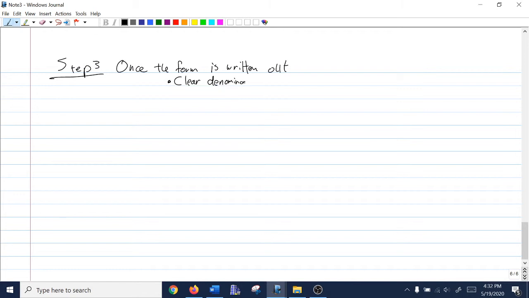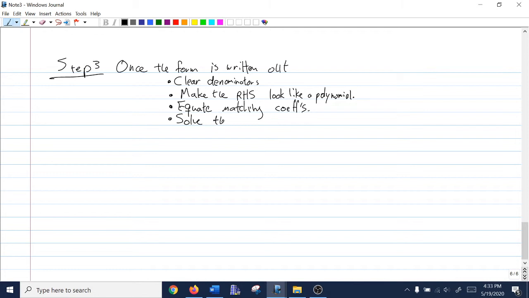Make the polynomial on the right look like a polynomial. You need to equate matching coefficients, and then you need to solve the resulting system of equations. Cool. Let's try this out.